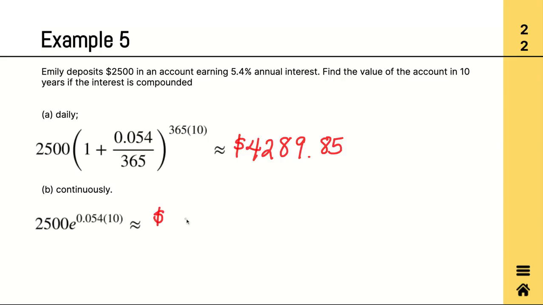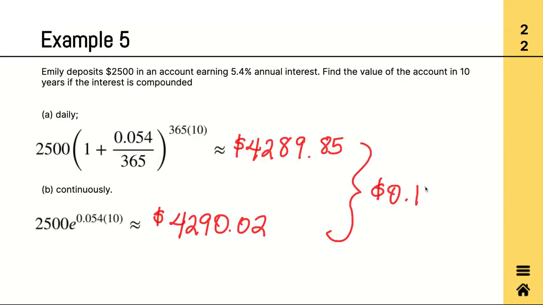This one comes out as $4,290, and again some change, about 2 cents. So the difference between compounding daily and compounding continuously, not much. In this case, the difference is only about 17 cents.